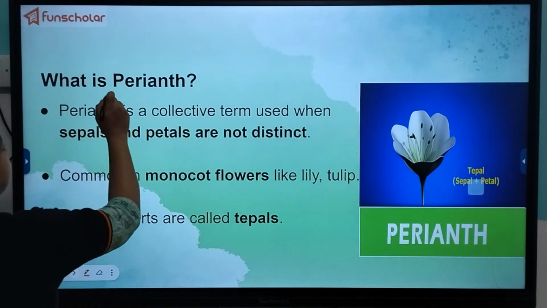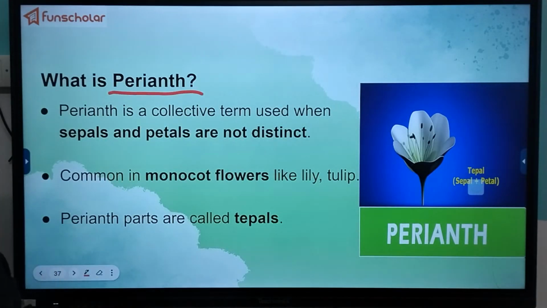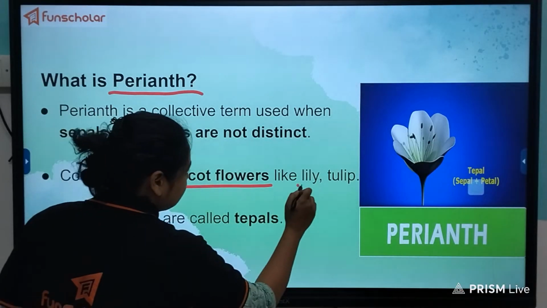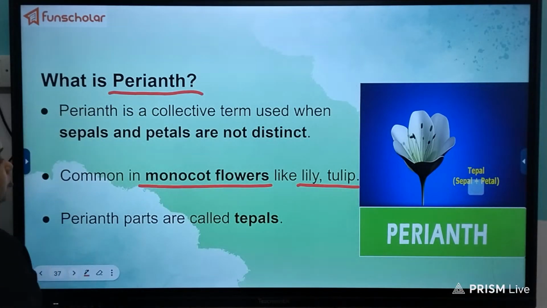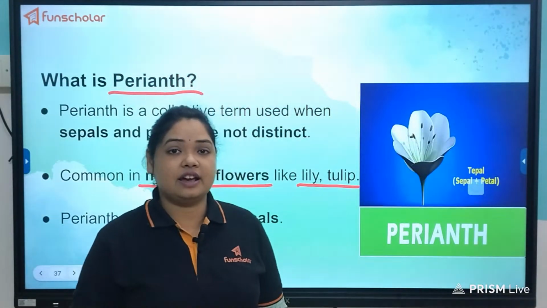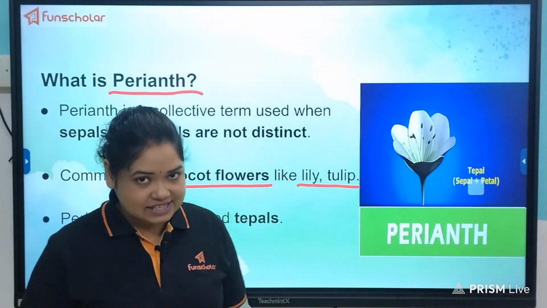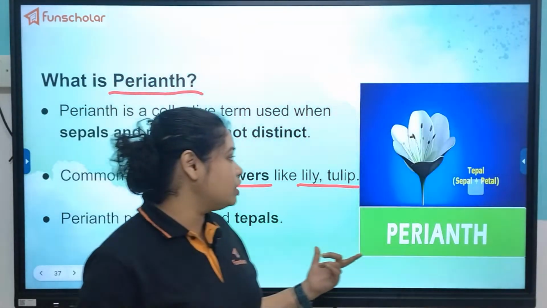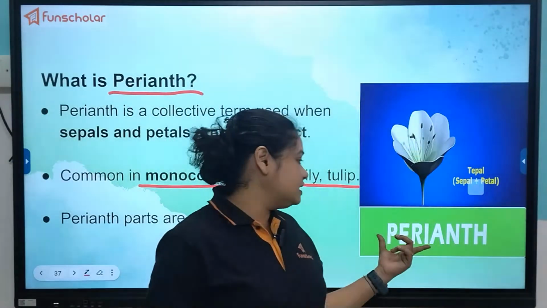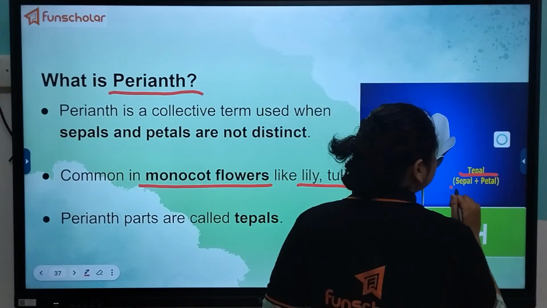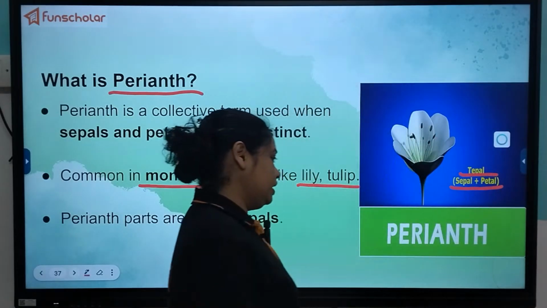Now coming to perianth. Perianth is a structure which is very common in monocot flowers like lily and tulip. Monocot flowers means the flowers which produce the seeds that have got only one seed leaf. Now in case of perianth, the individual parts are known as the tepals, which is nothing but the fusion of sepal and petal.